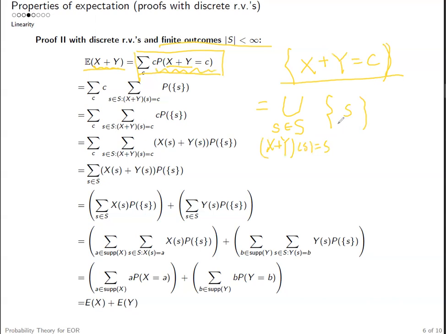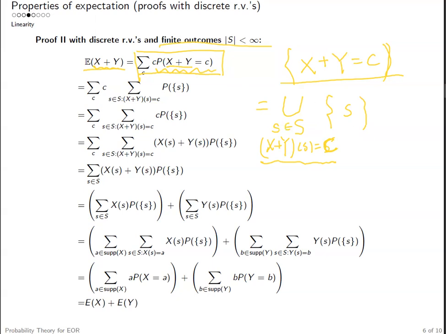Each event only contains a single outcome here, an outcome that satisfies this condition, X plus Y maps those outcomes to value c. Okay, and those are mutually exclusive events.